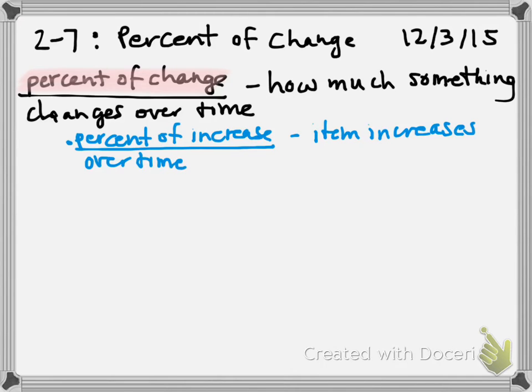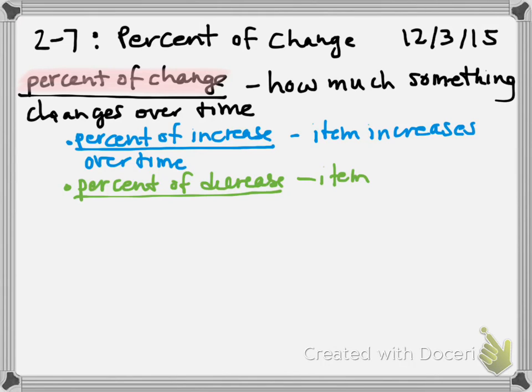And then we also have a percent of decrease. And that would be the item decreases over time. Okay, so those are the only two things that we would be considering.